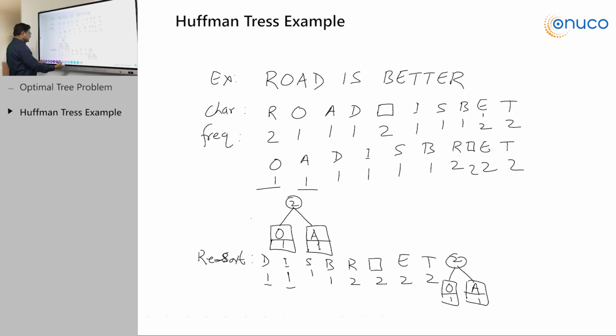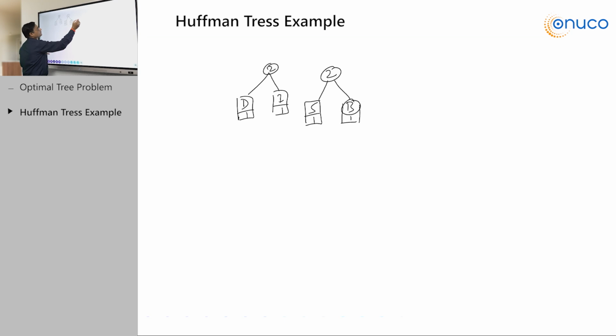Next iteration, what will happen? These 2 and 2 will get added: R on the left side and blank space on the right side, both are equal, so we can do it either way. So R and blank space, 2 plus 2 is 4.